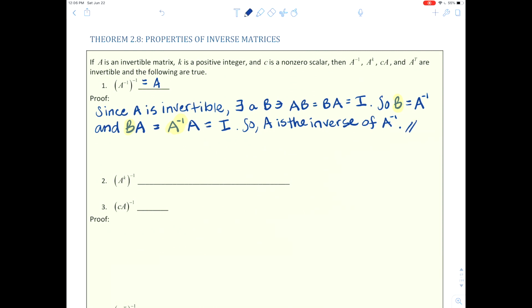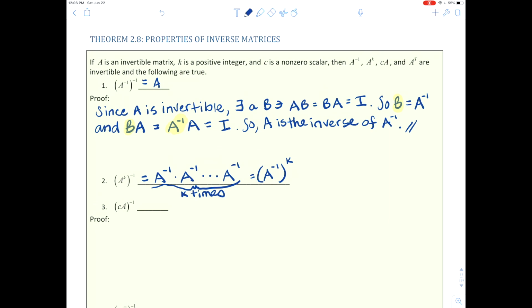It turns out that A to the K inverse is equal to A inverse multiplied by itself K times, which will equal A inverse raised to the K. Cool?